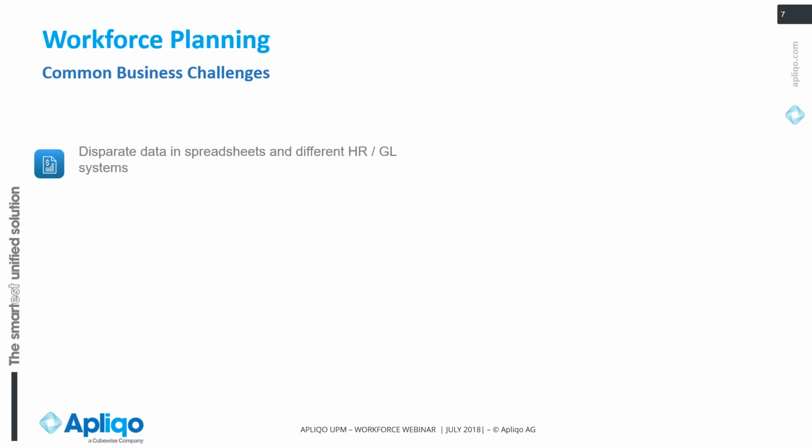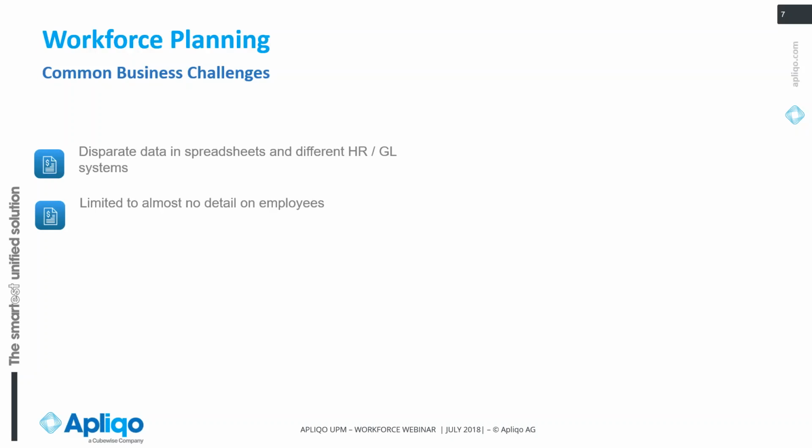These big corporate companies are running on different ERP systems, may have different HR systems in place, and it's for a lot of companies extremely challenging to harmonize these systems and to harmonize the data, and then build a planning layer on top of the available data for this specific area.